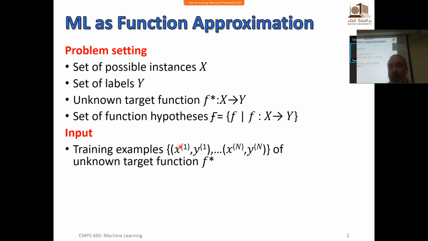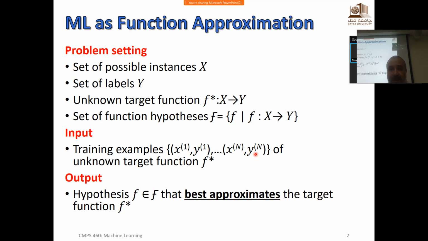The x's in the training examples are a subset of these possible instances. We call them x1, x2, x3, and so on. And for each one, we have a label, if we are talking about classification. So x1 has a label y1, xn has a label yn, and so on. With me so far?